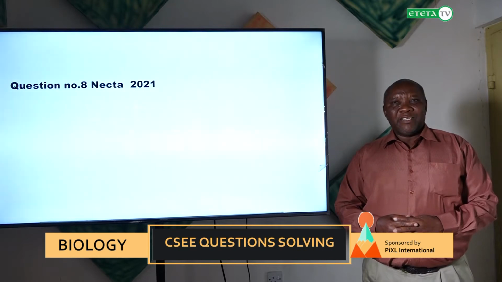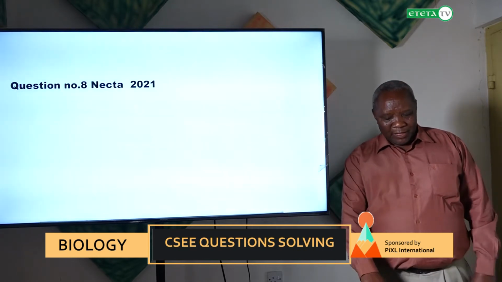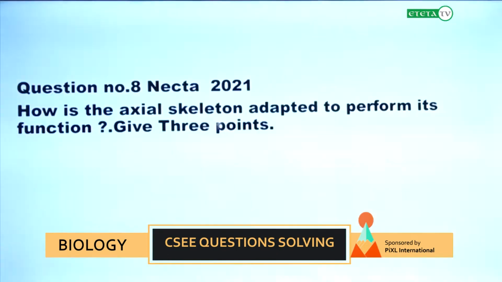The question says: how is the axial skeleton adapted to perform its function? Give 3 points.